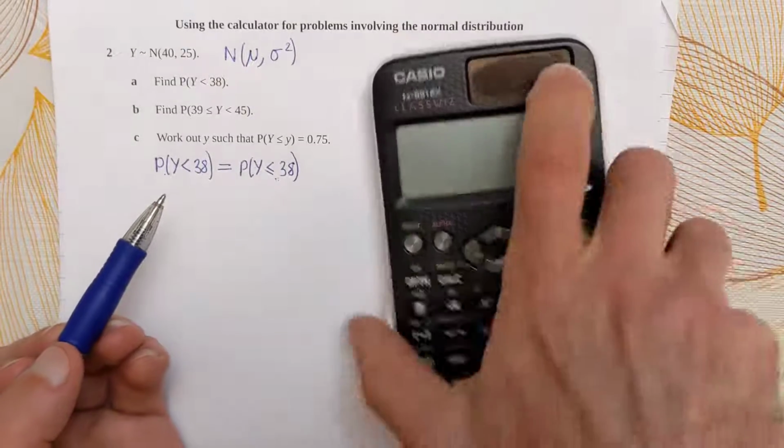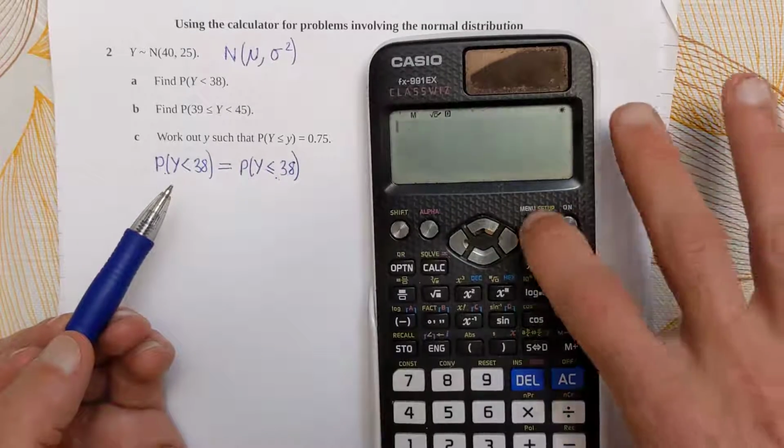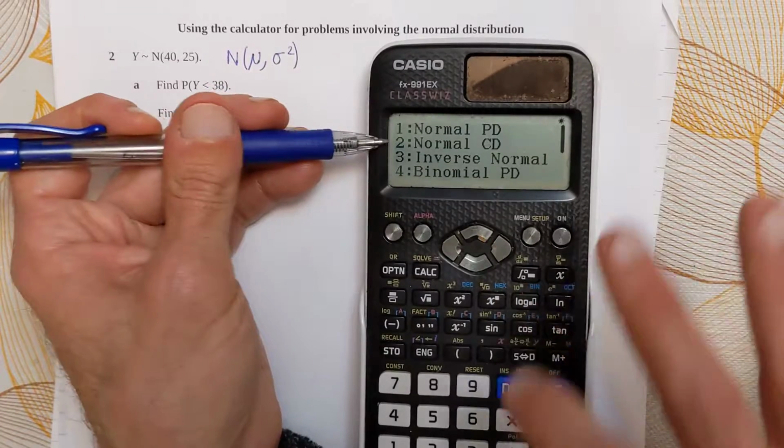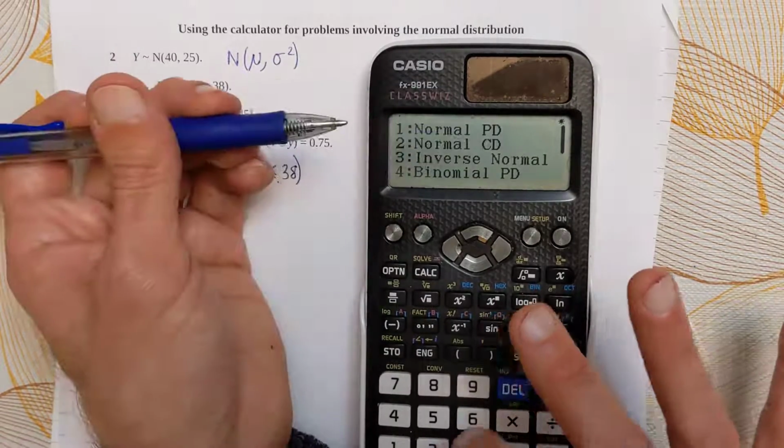So we get the calculator, turn it on, go to menu 7 and choose option 2, which is normal CD, normal cumulative distribution.